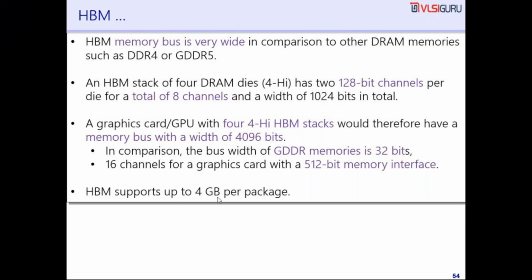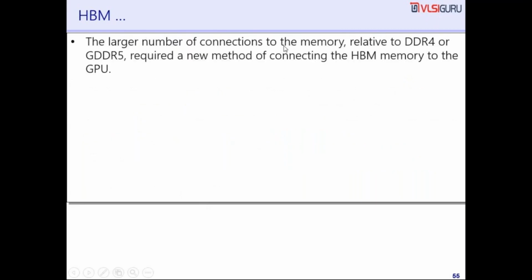HBM supports up to 8 gigabytes per package, and it could be higher as we go to HBM3. Because as you know, with every generation of the memory, you try to increase the capacity per package. The larger number of connections to the memory relative to DDR4 required a new method of connecting HBM memory to the GPU.